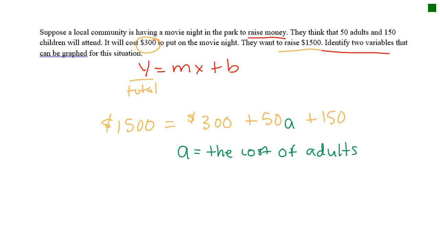And same thing with the children. I know 150 are coming, but do I know how much money I am going to make from the children? I do not. Why? Because I do not know how much is the cost of children. How much am I going to be charging for adults and children? That's something I don't know.